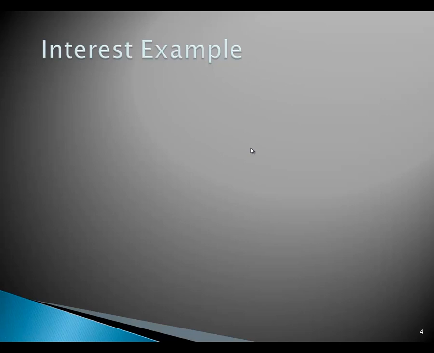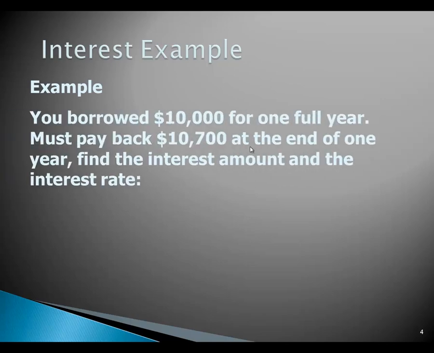Let's take an example. You borrowed 10,000 for 1 full year, and you must pay back 10,700 at the end of that 1 year. Find the interest amount and the interest rate.